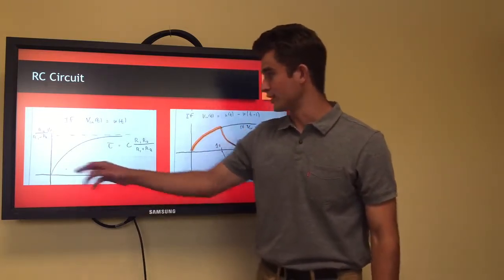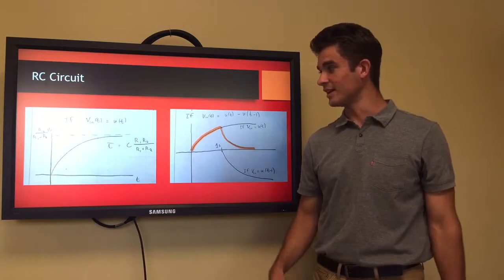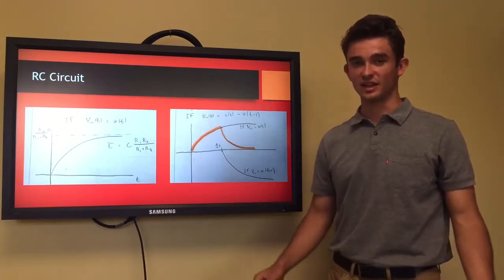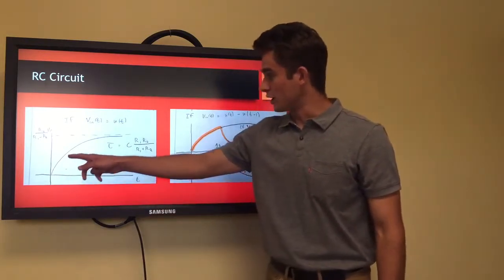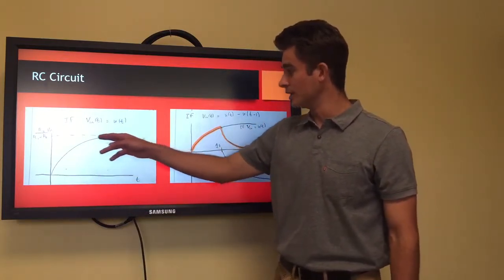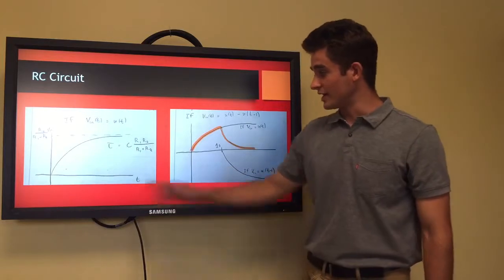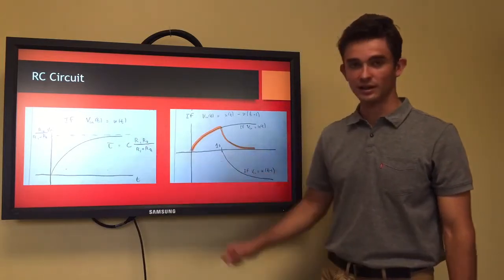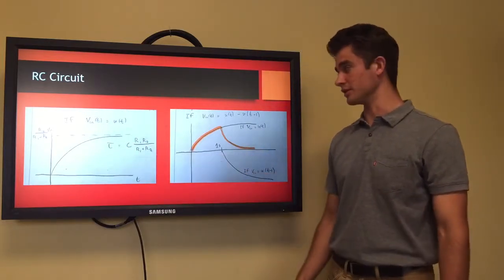So that's why there's zero voltage. But then in steady state, after a long period of time, it acts as an open circuit, and it will charge exponentially with the time constant tau up to a certain point. And that time constant is the exact same as we got looking at it from a systems point of view.